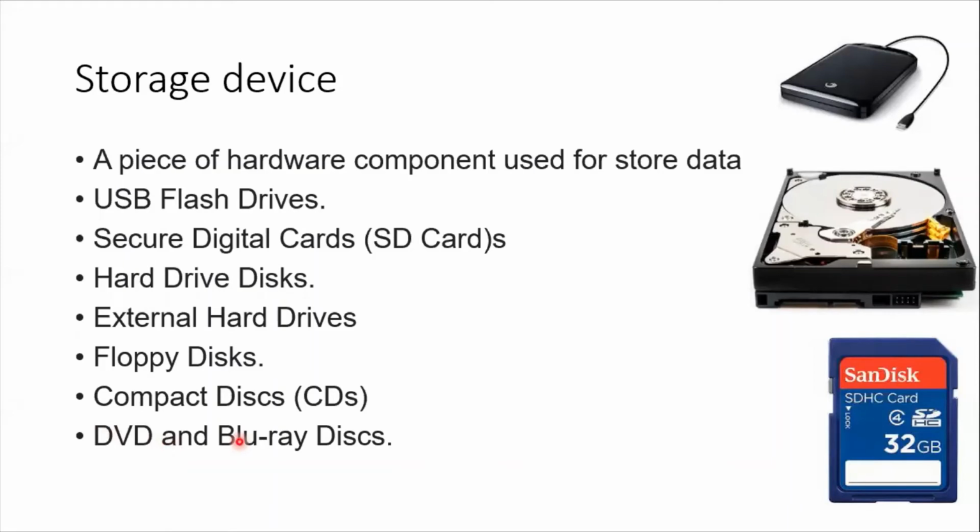Because it's evolving very rapidly, and there's no need to carry data from one place to another as a physical device. Instead, there are a lot of mechanisms. I'll give an example. If you want to send a small document to your friend, and your friend is a neighbor, like the next house, what you are doing is you'll upload it to your Gmail, or you might WhatsApp it, right?